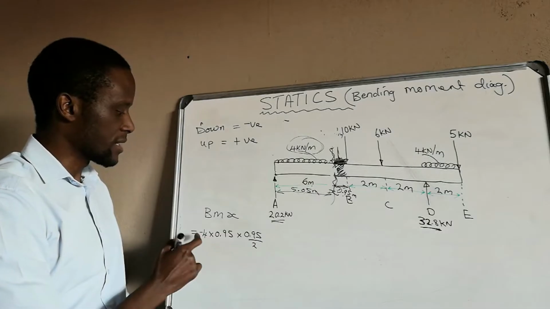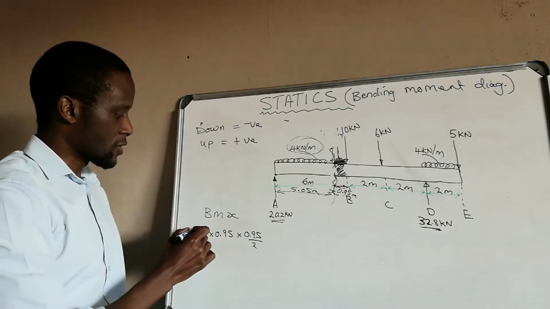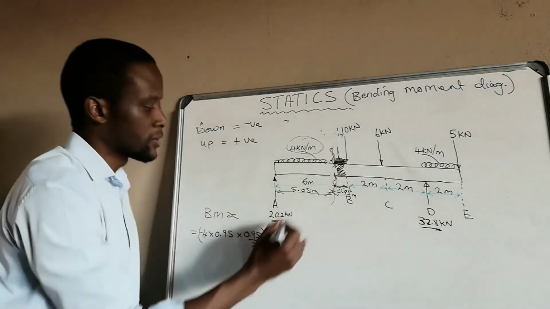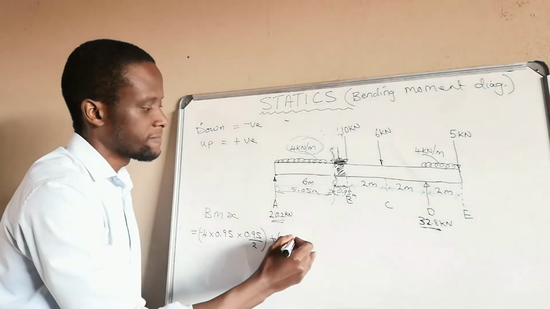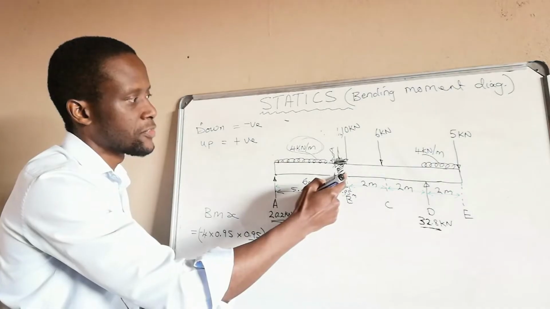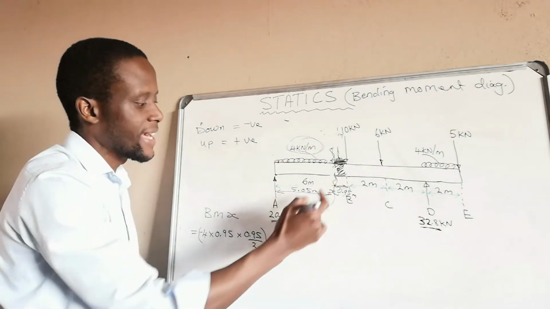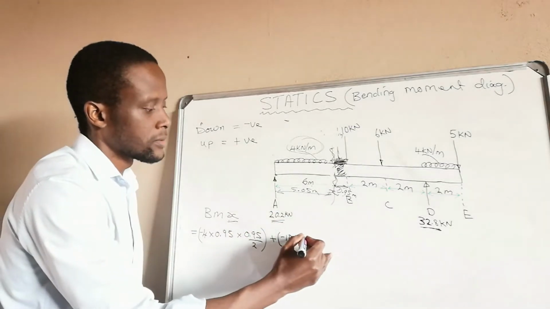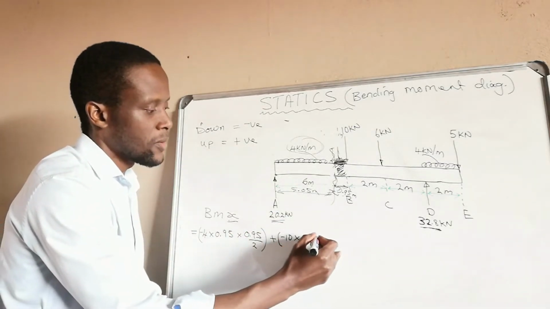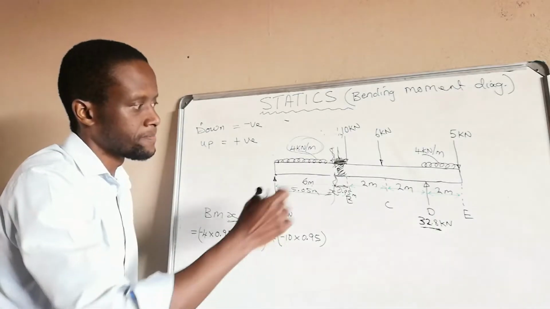Now remember what we said, negative sign for the forces going downwards. Then we go to the next force, plus our negative 10 times the distance from this up to point X. Remember we're looking at bending moments at X. We shall multiply by 0.95, negative 10.